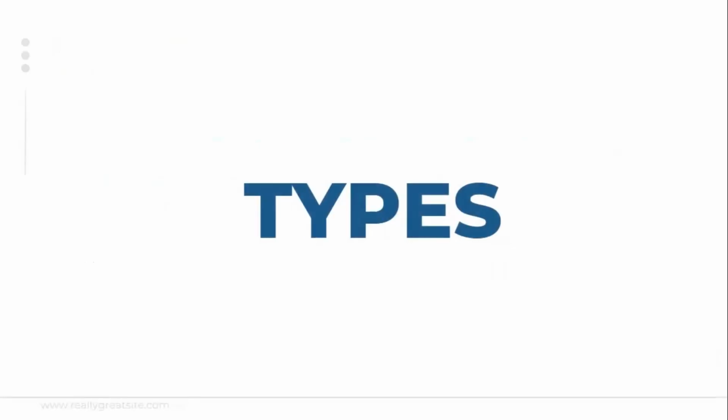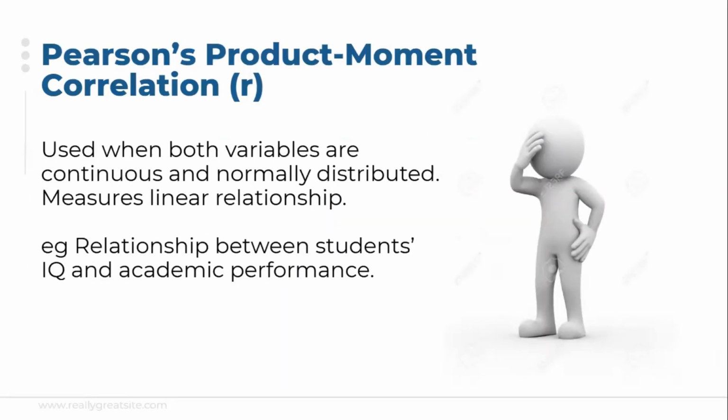Now, we have various types of correlation analysis. The first one and the most common one, and probably the one that you are going to be doing, is the Pearson's correlation. Of course, correlation is the same thing. The types are just different depending on the data you have and the conditions that you are doing the analysis in.